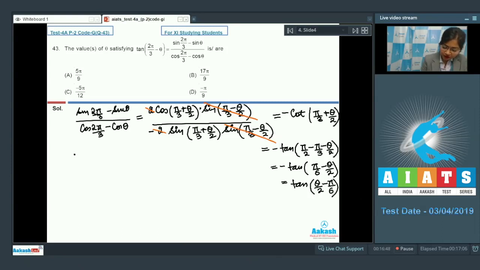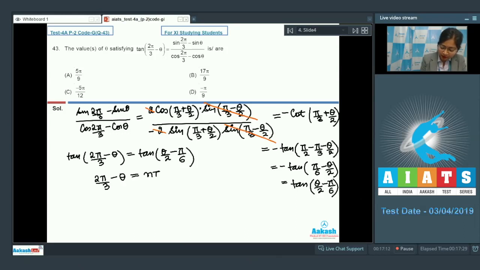Now further we have reached at tan of (2 pi by 3 minus theta) is equal to tan of (theta by 2 minus pi by 6). Now we know its general solution, that is 2 pi by 3 minus theta is equal to n pi plus theta by 2 minus pi by 6, where n belongs to an integer.